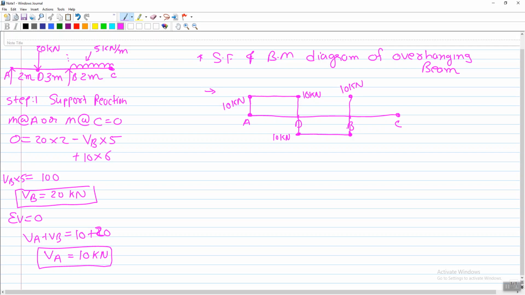The UDL is 5 kilonewton per meter acting on a 2 meter span, so the total load is 5 into 2, which is 10 kilonewton, and you travel from point B to point C gradually downward. So your shear force diagram looks like this: positive, negative, and positive.